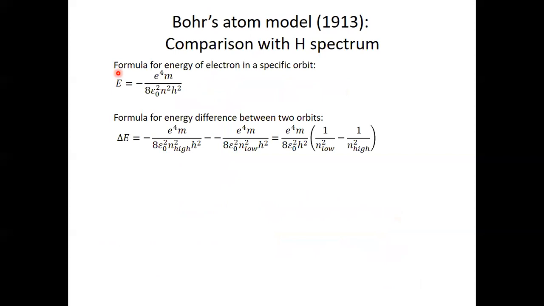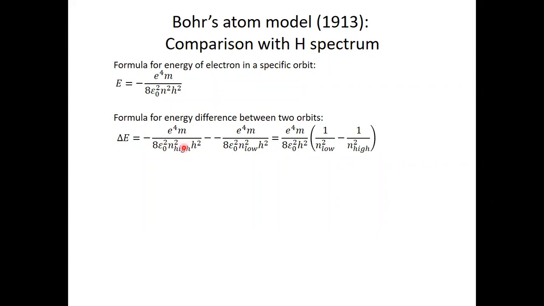So when we have energy differences between two orbits, then we have a delta E, and that would be e to the power 4 times m over 8 epsilon 0 square n high square h square.